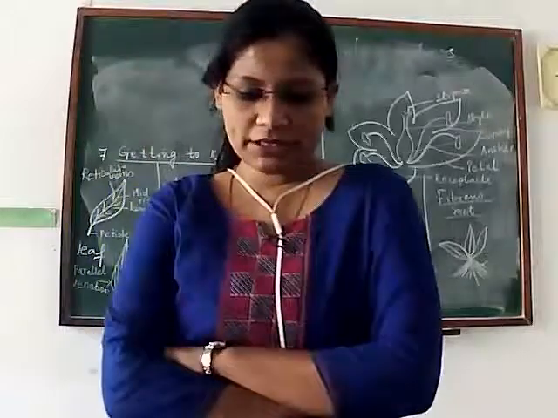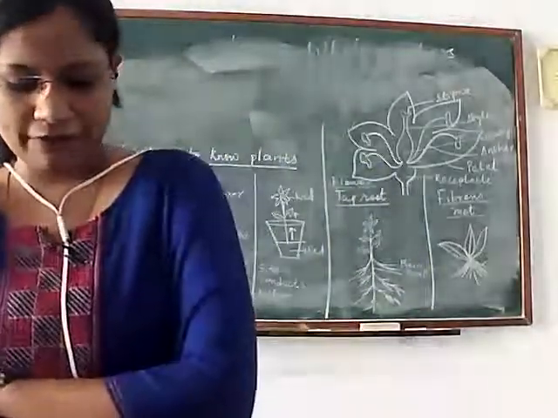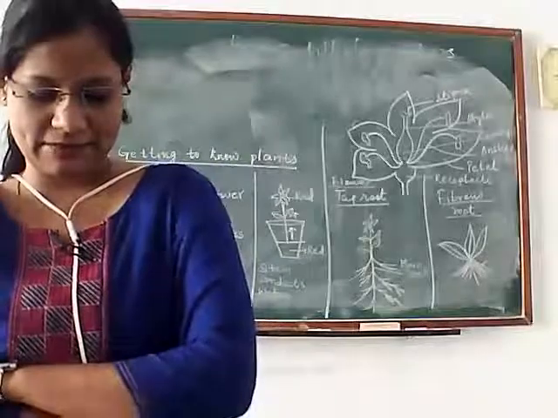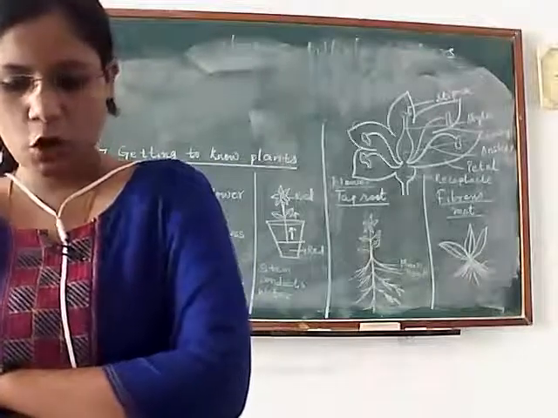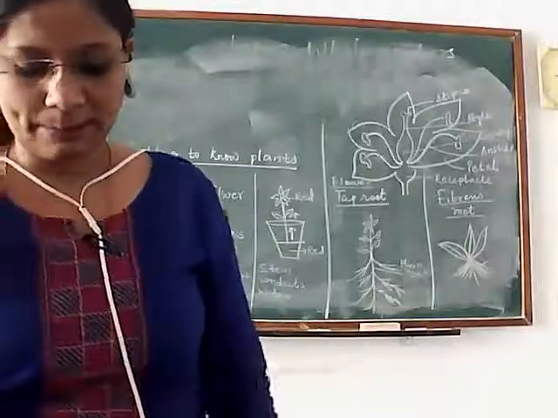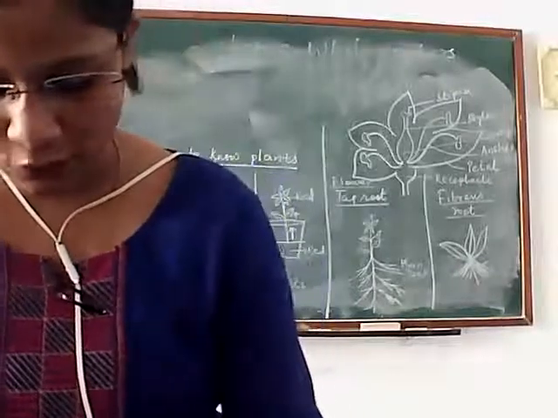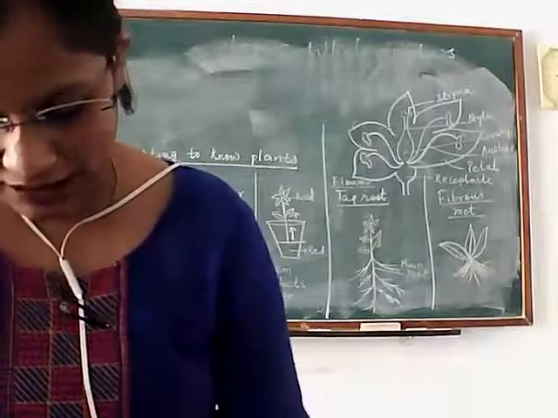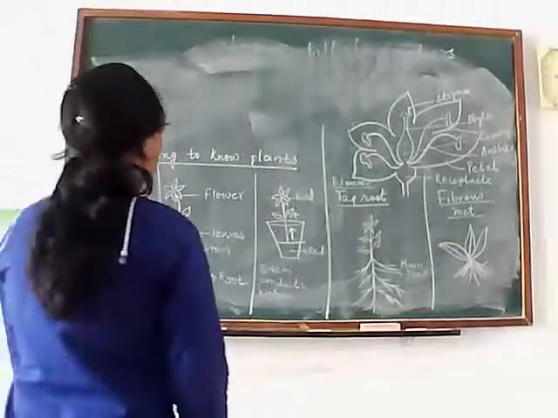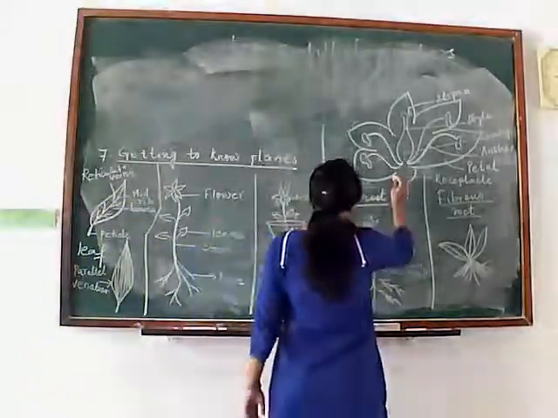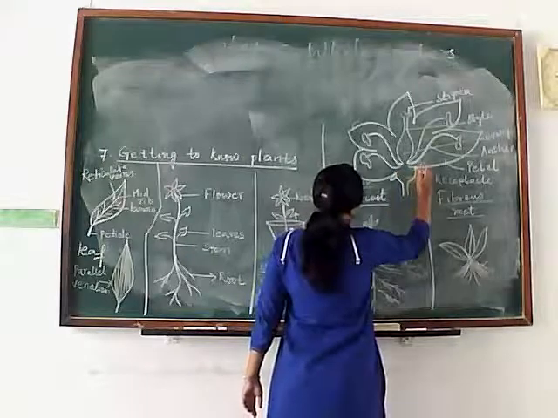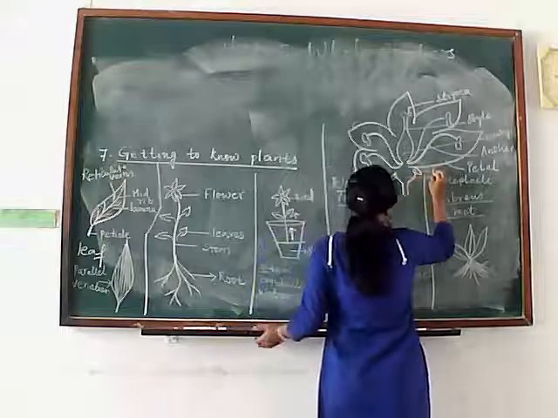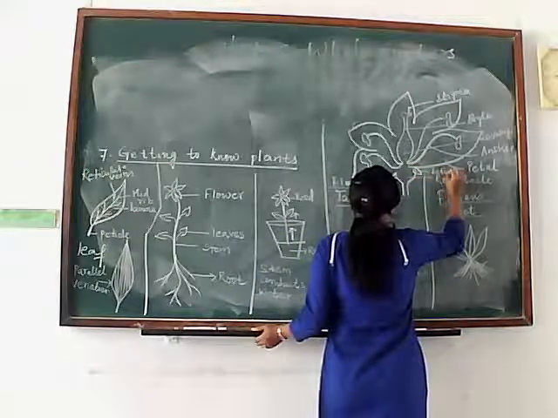Okay. What are the different parts of a flower? Flowers have petals, sepals, stamens, pistils, and ovules. The petals are the prominent part of the open flower. Sepals are the small green leaf-like structures.